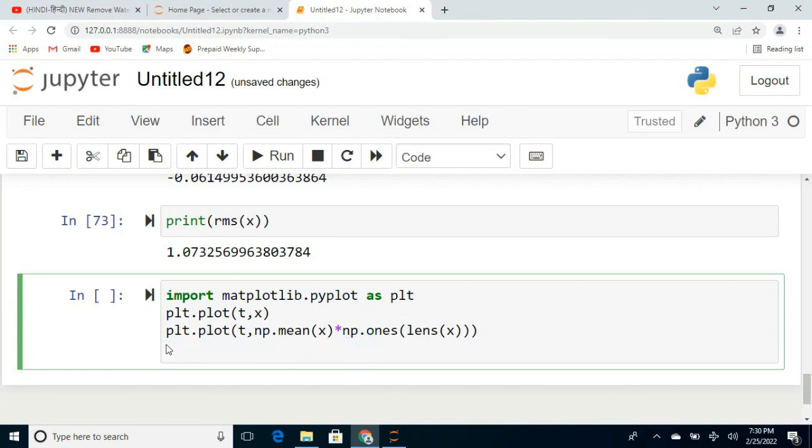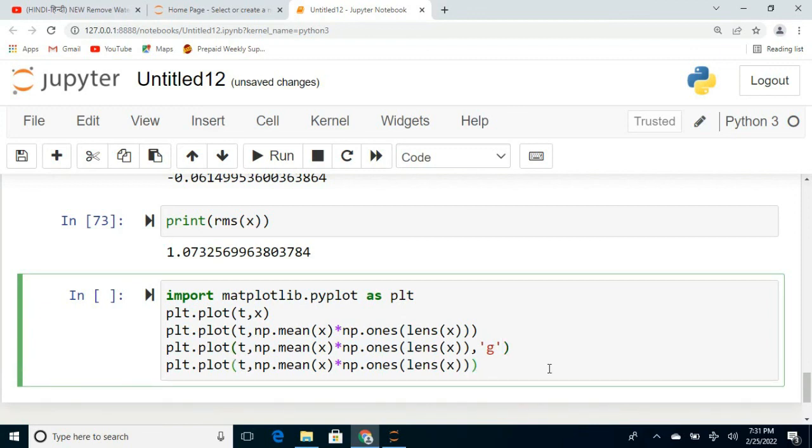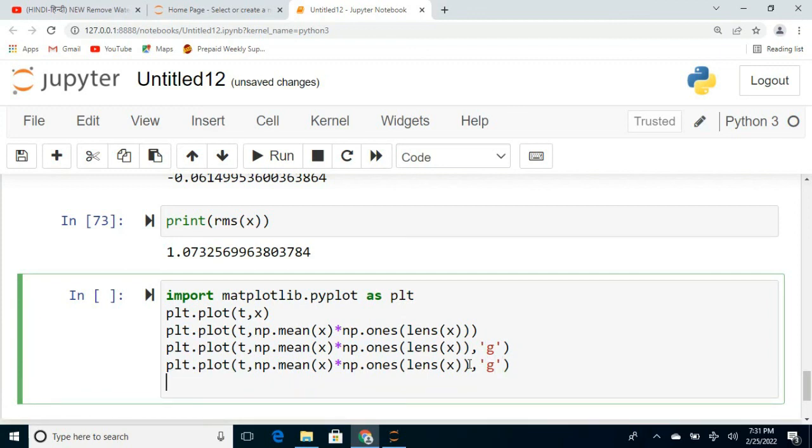So we shall just copy and paste, and we want to insert only one thing here: a comma, and inside single quotation marks we write g. Again paste, insert the comma and 'g', and then plt.show.